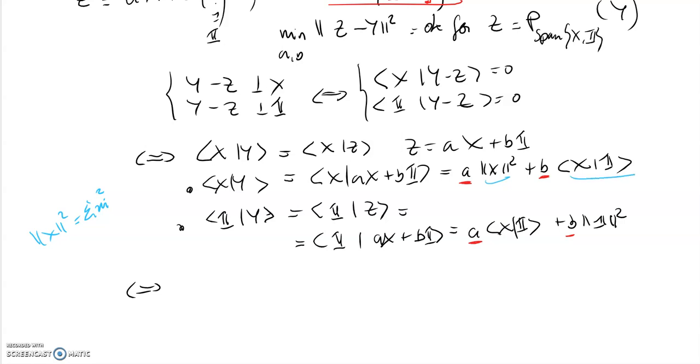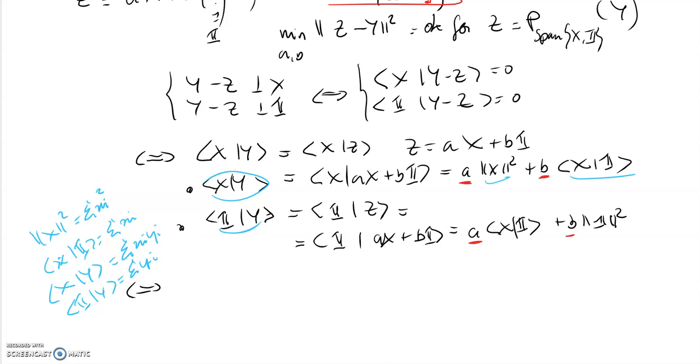The scalar product of x and 1 is just the sum of xi, my observations. Then x with y is just going to be the sum of xi yi, and 1 with y is just the sum of yi.